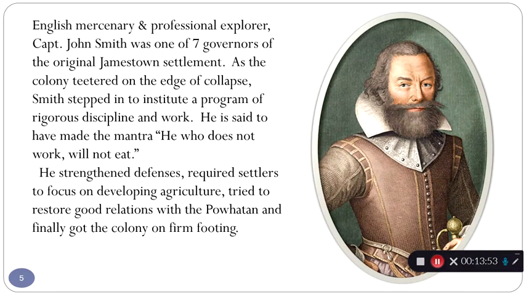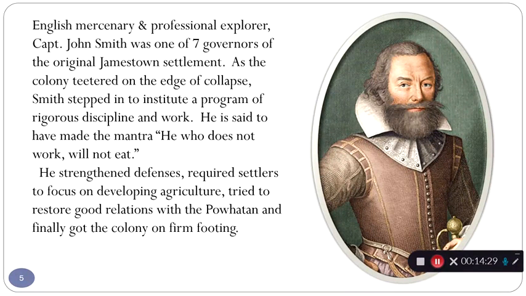If you don't work to expand the fortifications of the Jamestown fort, if you don't work to figure out ways to establish self-sustaining agriculture, if you don't work to establish good relations with the Powhatan, you will literally not get food that day. And he enforces this. I mean, this is actually the way that he does it. Ultimately, this tough love solution really does help to establish the colony on a little bit stronger foundation.